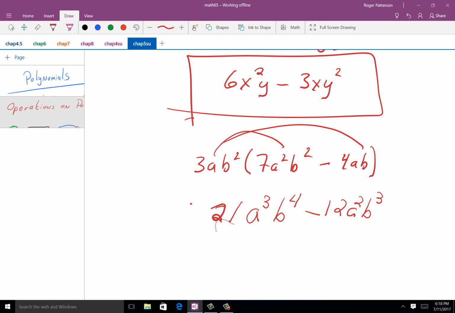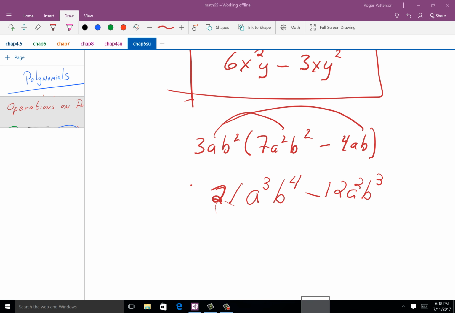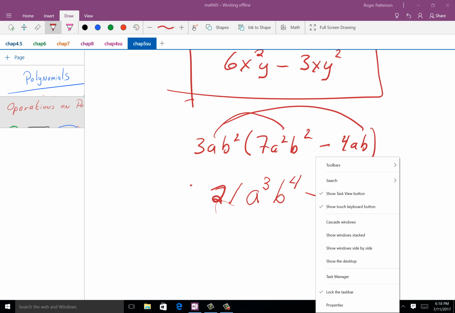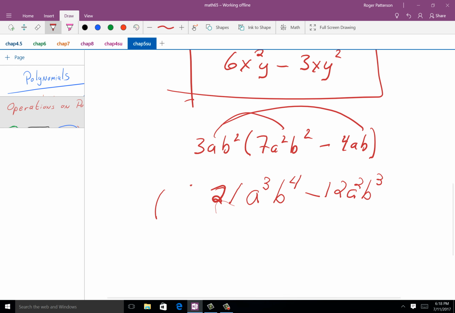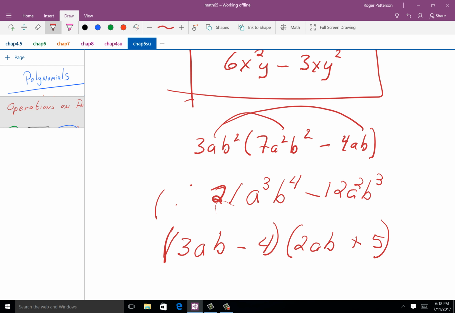There are some FOILing ones. I'll show you some of these here. 3 times plus 5.